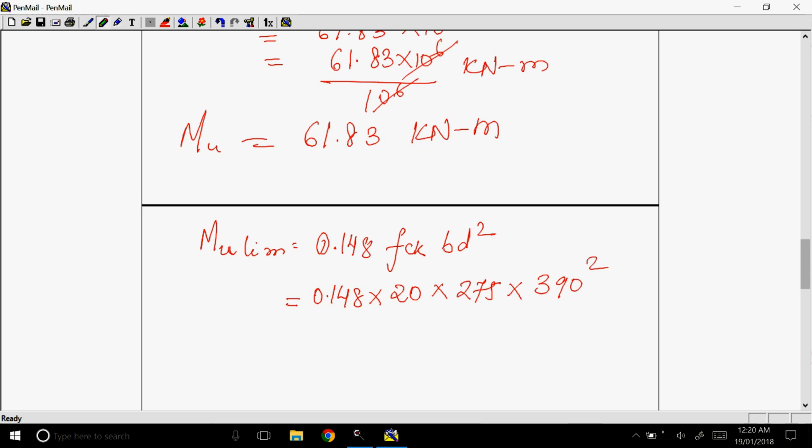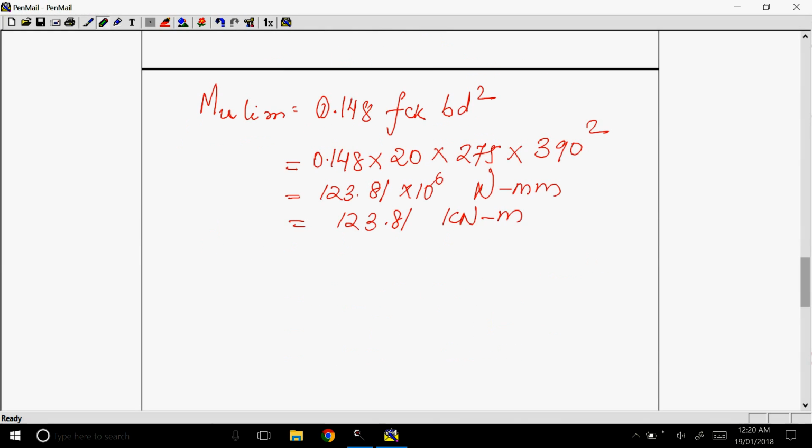So the final results are: z, the lever arm, is equal to 353.45 mm.